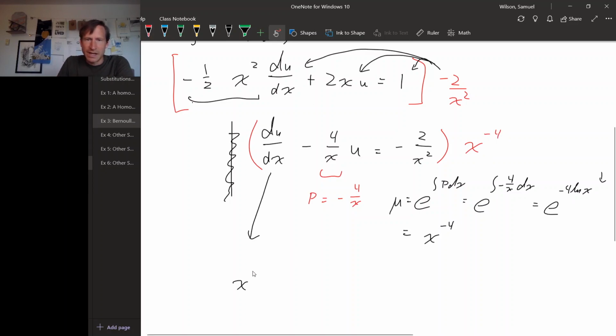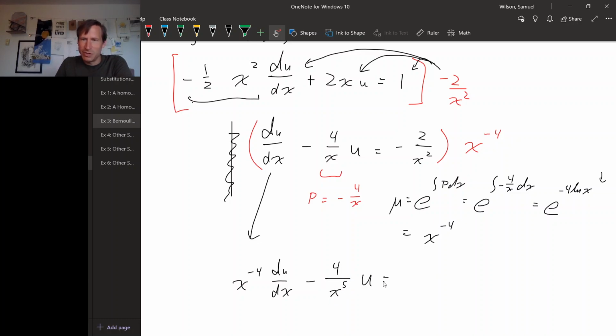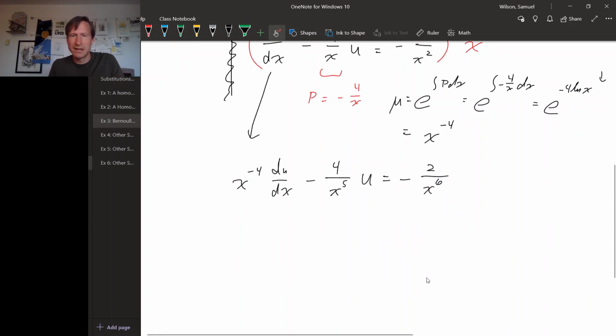So we get x to the minus 4th times du/dx minus 4 over x to the 5th, I've combined some powers there, times u equals minus 2 over x to the 6th.